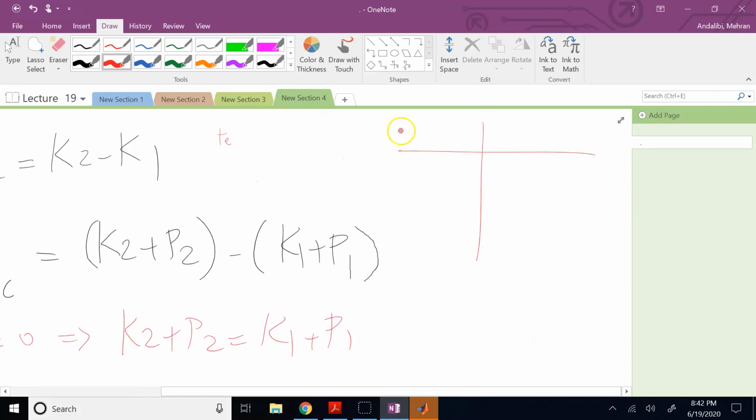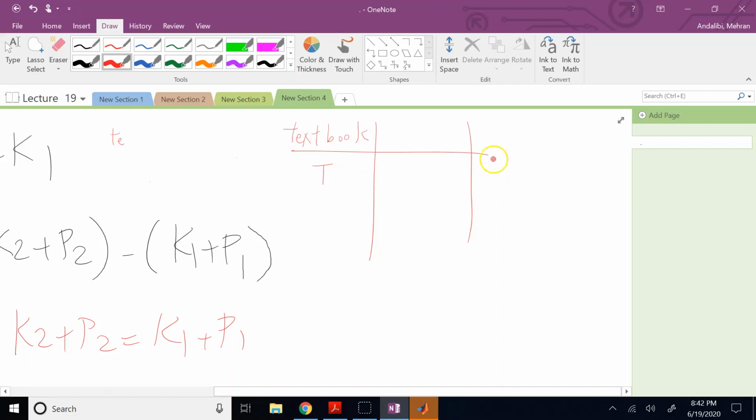Your textbook is using T for kinetic energy, I use K. For potential energy, your textbook uses V, which I don't really like.